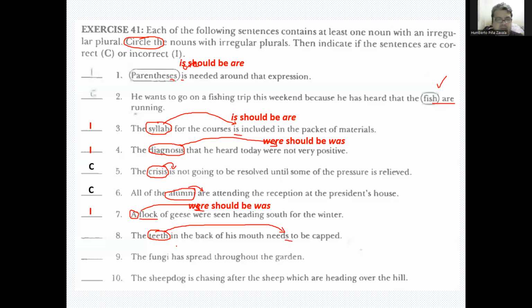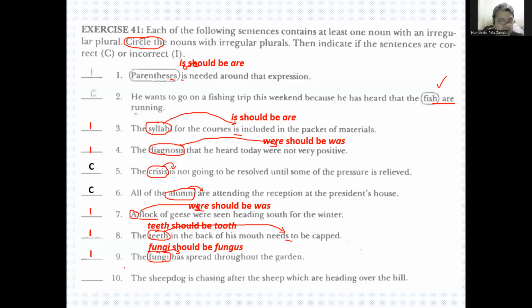Needs is singular, teeth is plural, so it's incorrect. It should be the tooth needs to be kept. Okay. The fungi, plural, has spread throughout the garden. So if it's fungi, it's plural, it should be have spread. Singular: the fungus has spread throughout the garden.